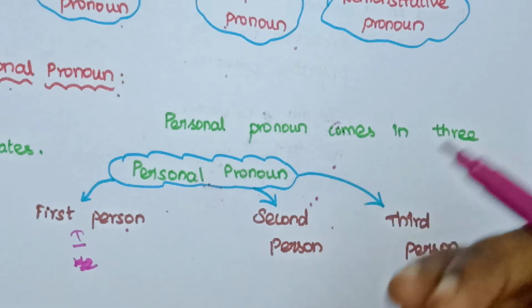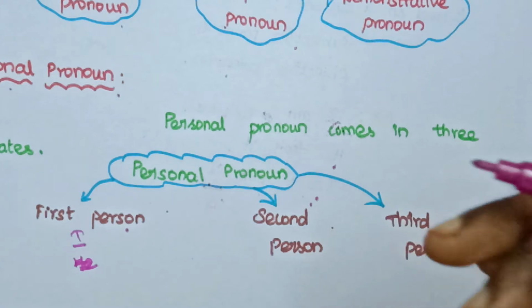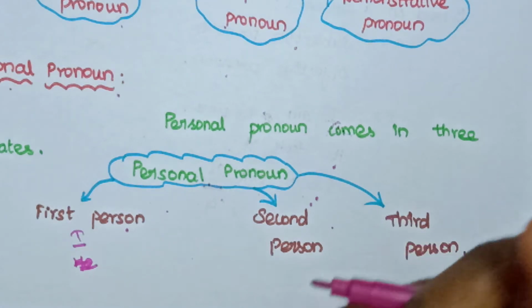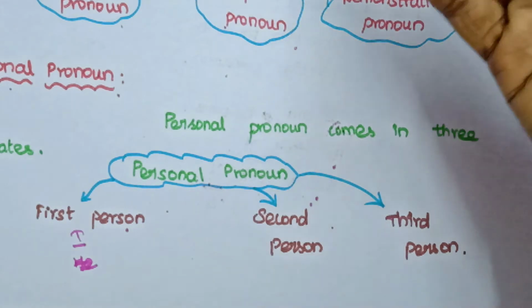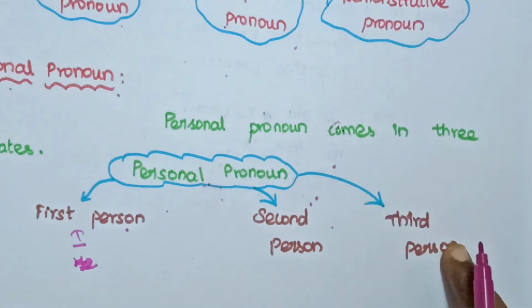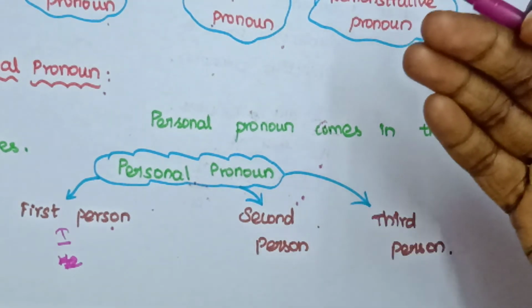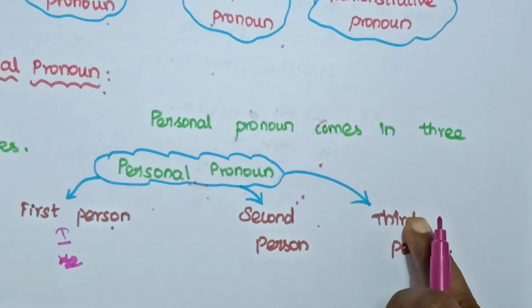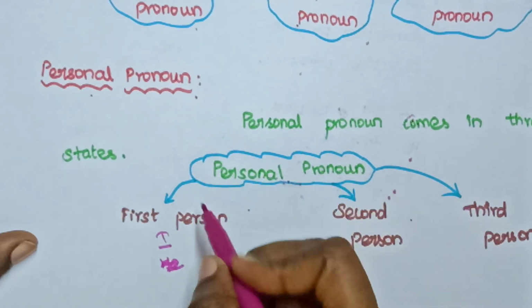If it describes me, that is first person. If I am describing the other person, that is second person. What is third person? If I am describing someone who is not there, that is called a third person.